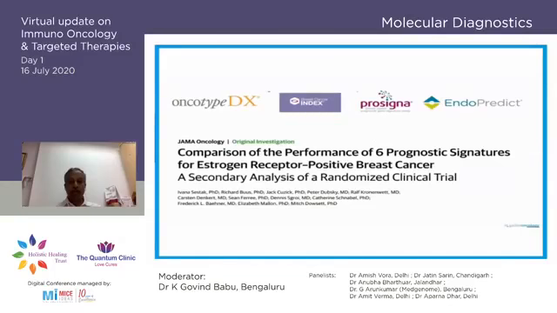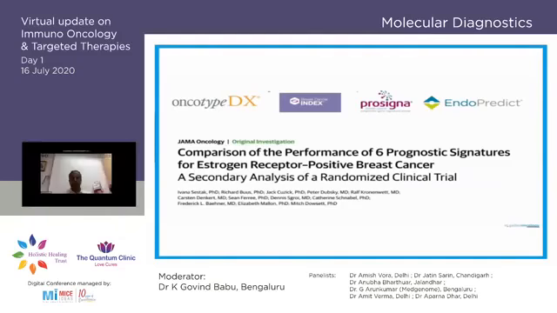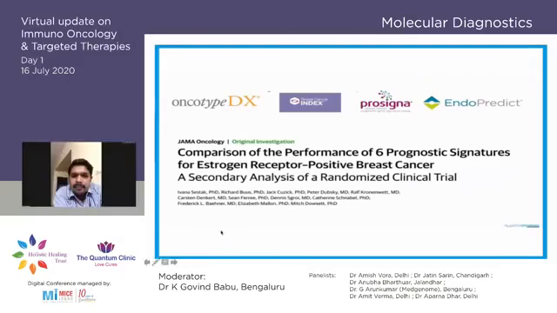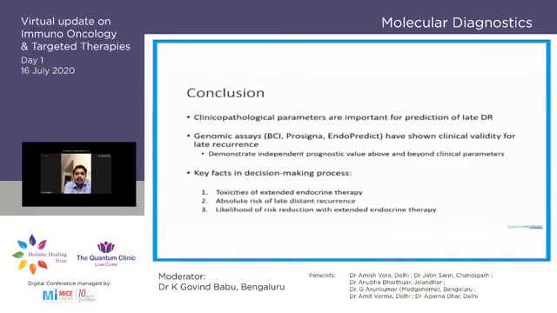I found this interesting article from JAMA Oncology. It actually compared the various platforms that are there, and they put out position papers. What they concluded was that the clinicopathological late recurrence genomic assays, all these have shown clinical validation for late recurrences, value above and beyond clinical parameters.